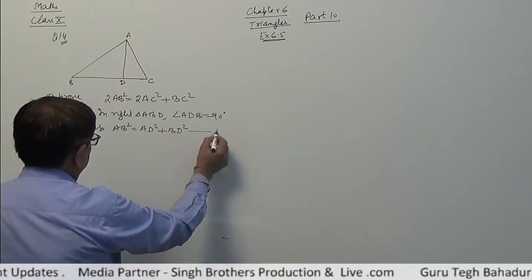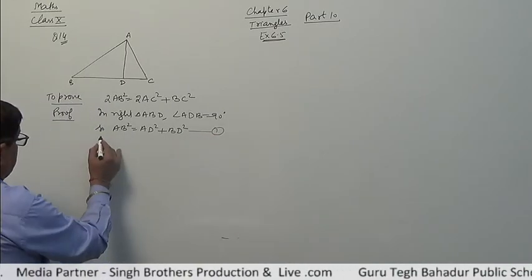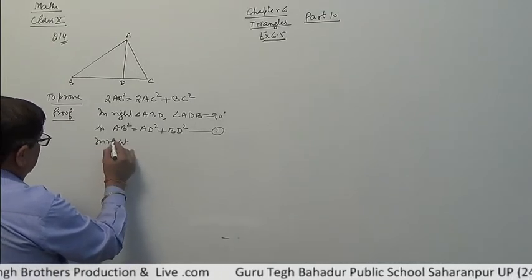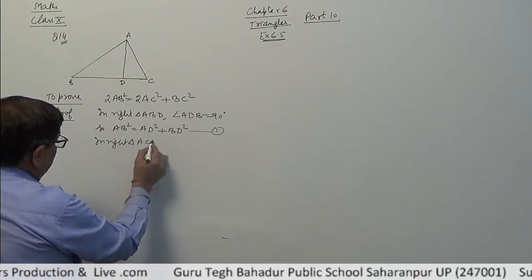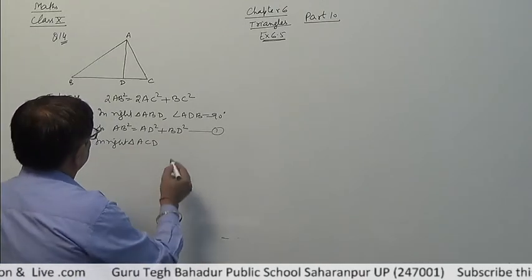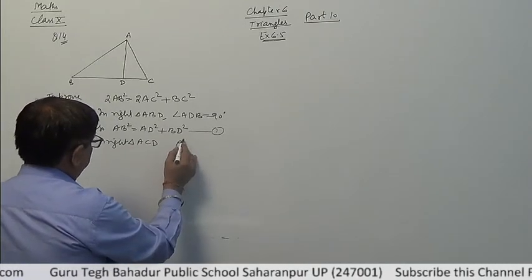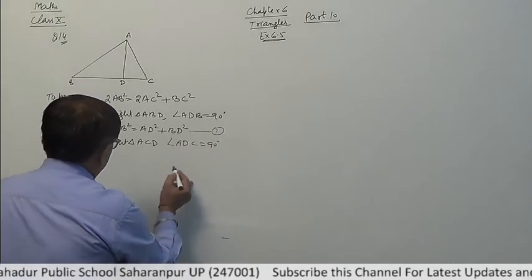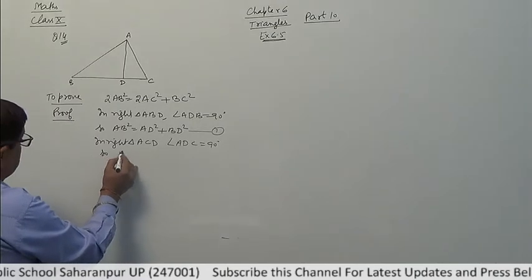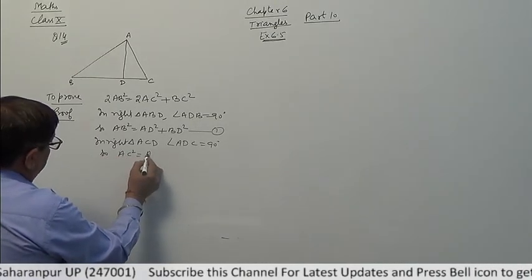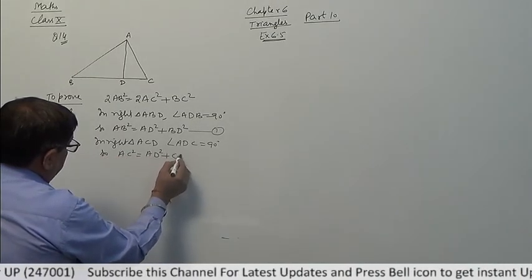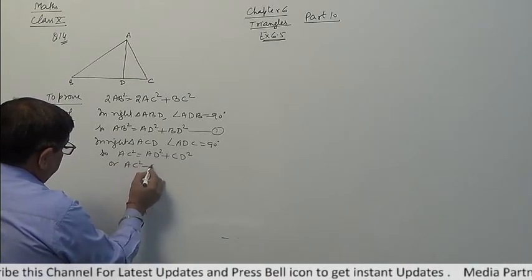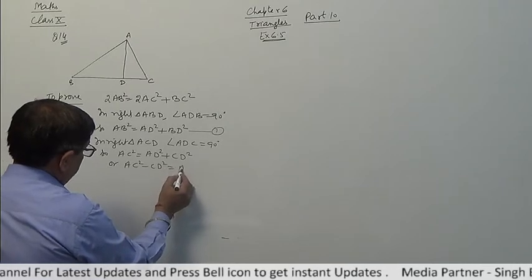This is the first equation. In right triangle ACD, angle ADC is 90 degrees, so AC square is equal to AD square plus CD square, or AC square minus CD square is equal to AD square.